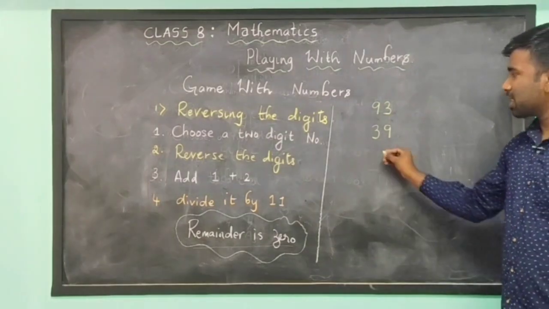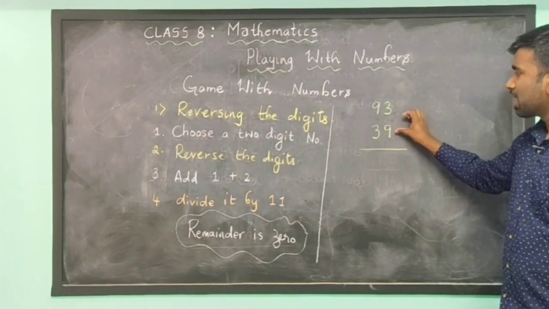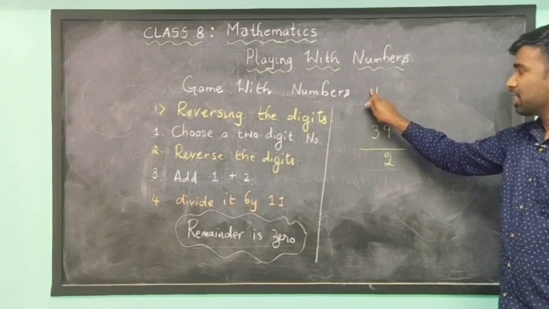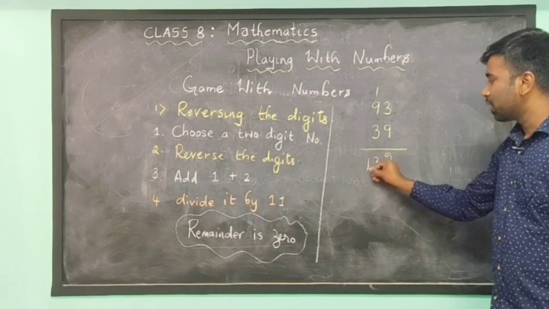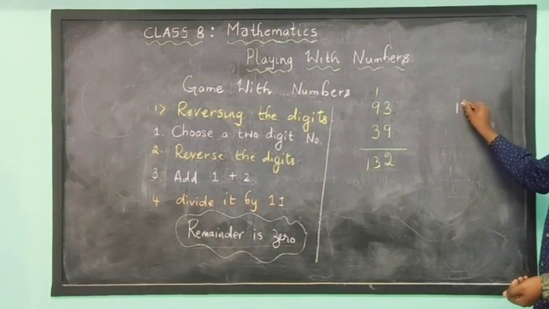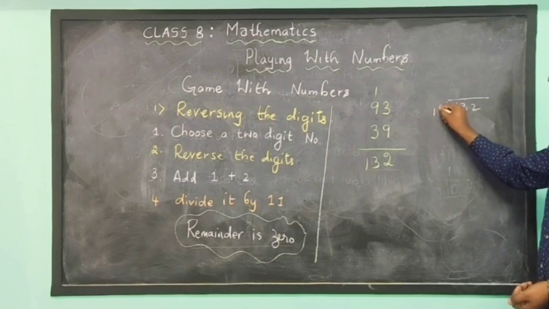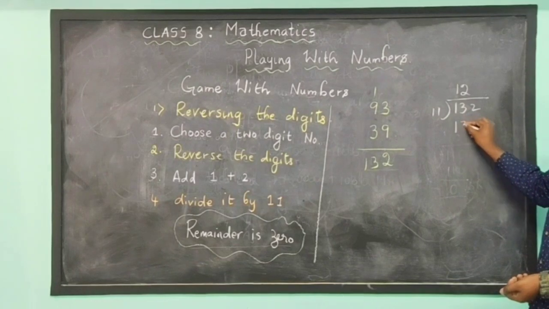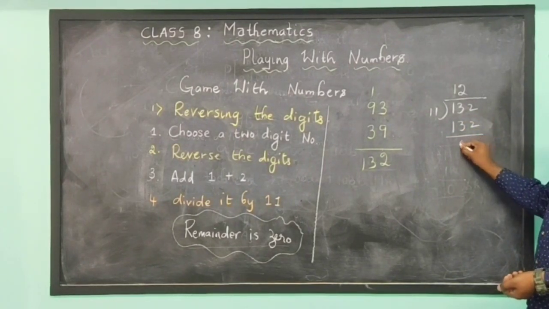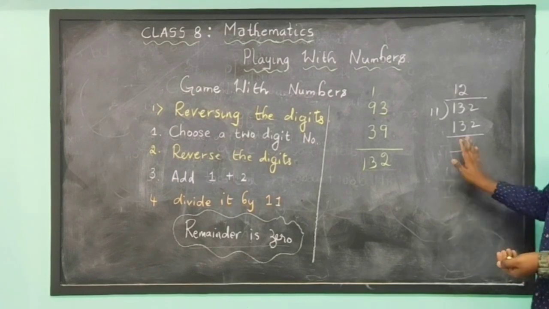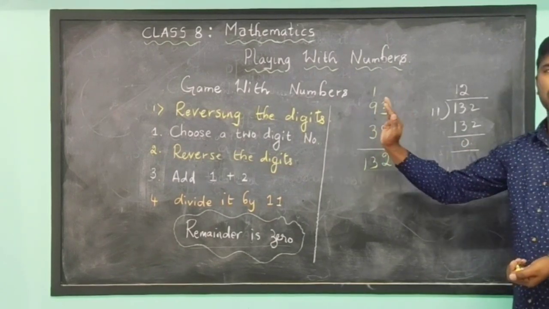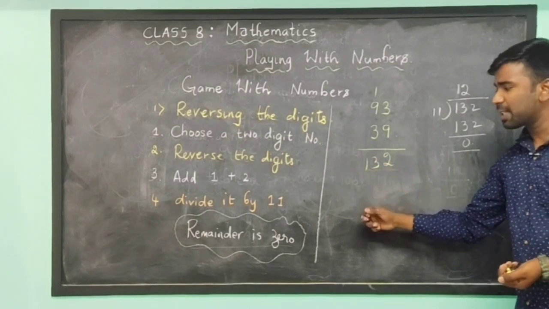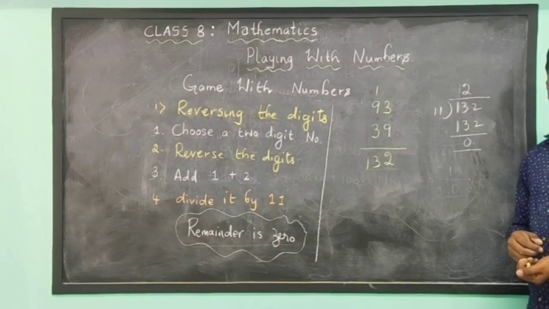The next step is add the numbers. 3 plus 9 is 12, 2 here, carry 1. 9 plus 3 is 12, plus 1 is 13. So the sum is 132. Now you should divide it by 11. 11 twelves are 132. Therefore, the remainder is 0. Now choose any two-digit number, reverse it, add and divide by 11. Always the remainder is 0.